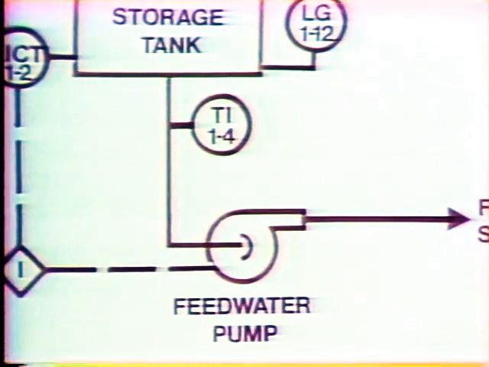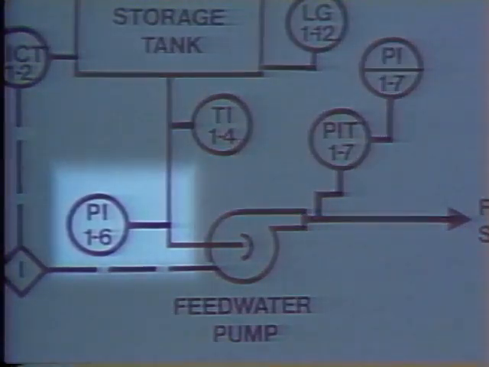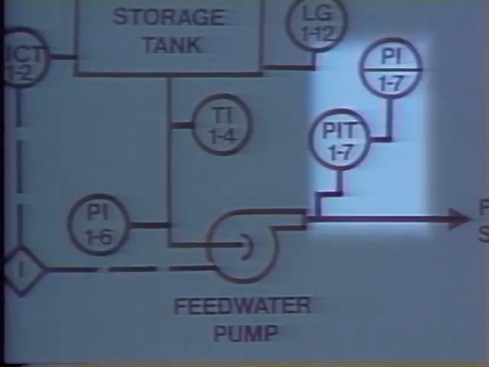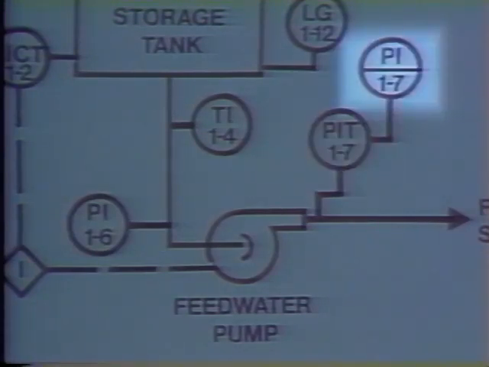Pressure is also measured at both the suction and discharge of the feedwater pump. Notice that at the suction of the pump, pressure is measured and indicated locally, while at the discharge of the pump, pressure is indicated locally on a PIT, as well as remotely in the control room.